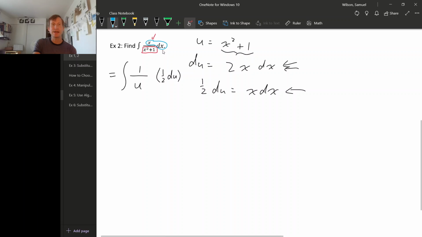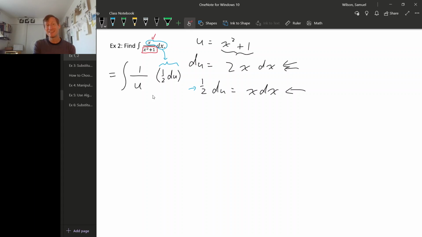So this x dx made 1/2 du because of our second equation here. All right, now we have done everything we can to get rid of x's and produce u's. And so hopefully there aren't any x's left, and indeed there aren't. So the u substitution, at least we were able to finish the substitution.